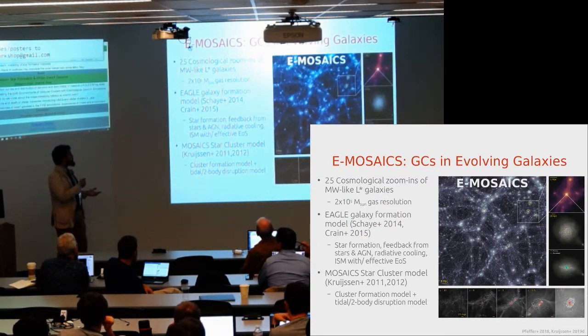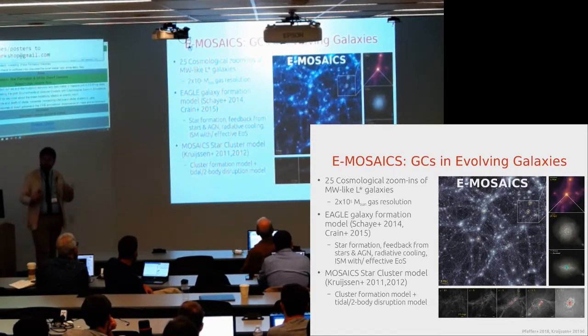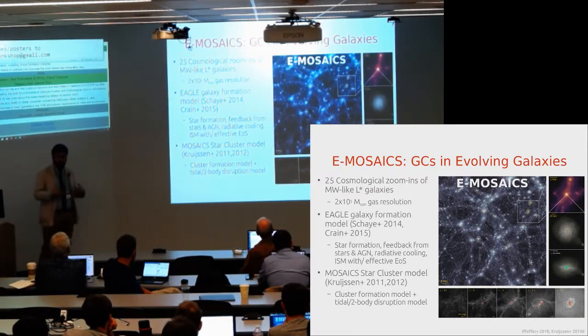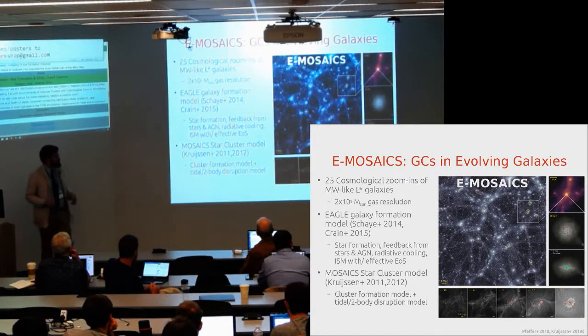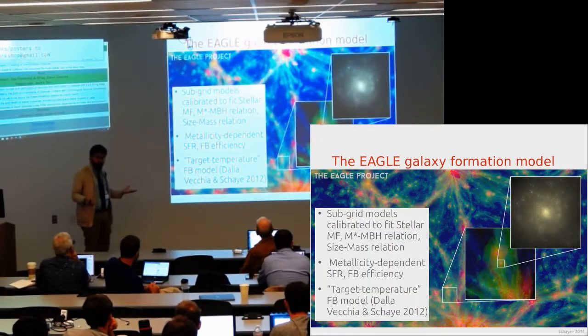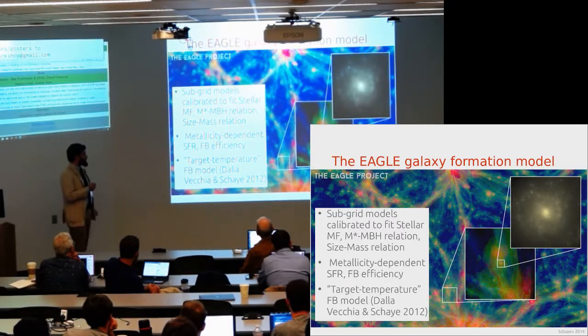The E in E-MOSAICS stands for EAGLE, because these are a set of 25 cosmological zooms drawn from the EAGLE volume, resimulated using a model called MOSAICS that captures the effects of globular cluster, or star cluster in general, formation as well as evolution. So some of you are probably already quite familiar with the EAGLE model, but just to go over what the basic prescriptions are in there, it's a set of subgrid models that are specifically tuned to fit the Redshift 0 stellar mass function, the M star to M black hole relation, and the size-mass relation.